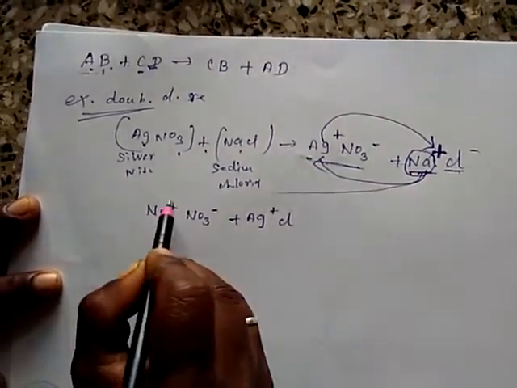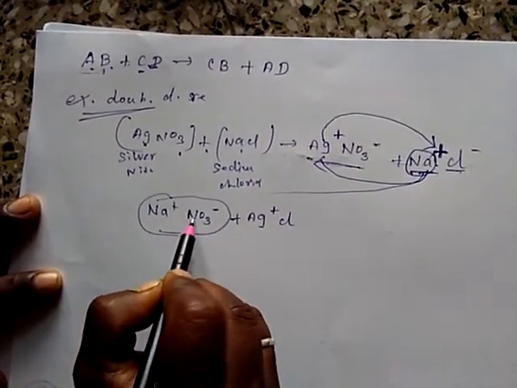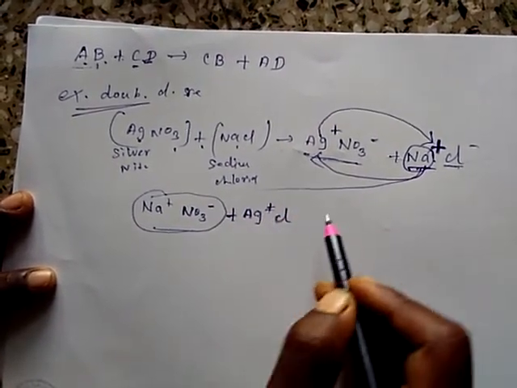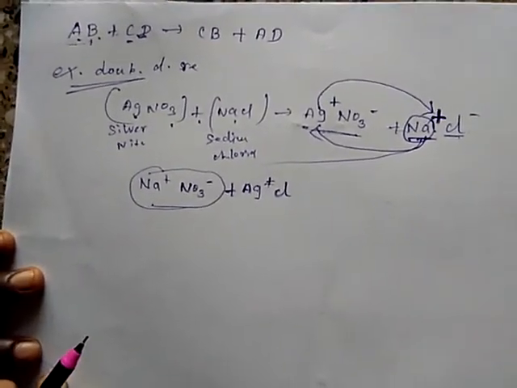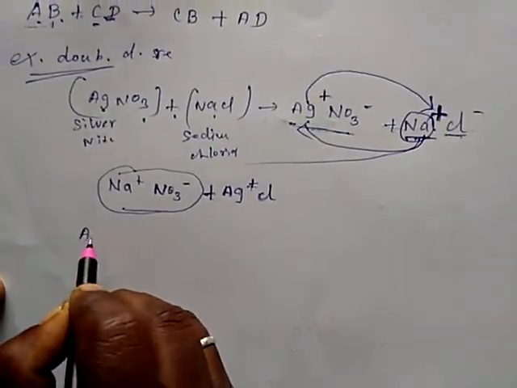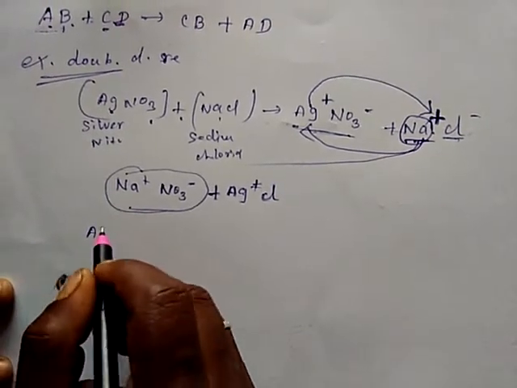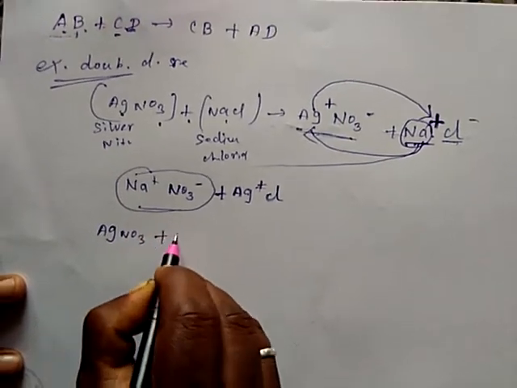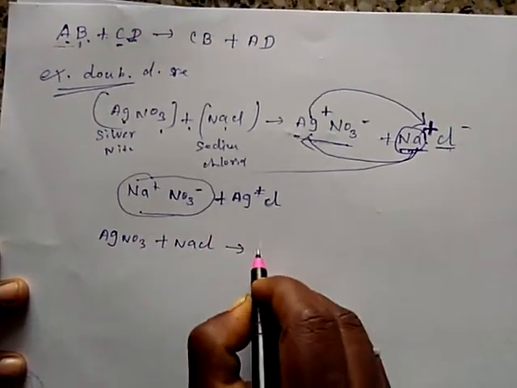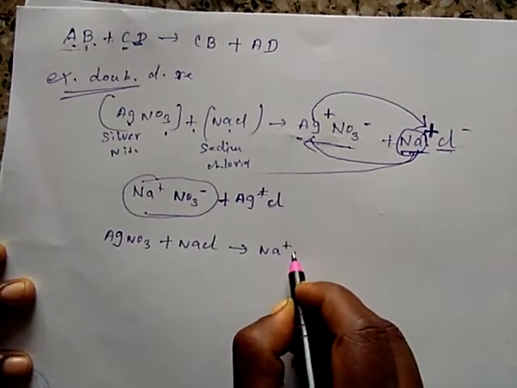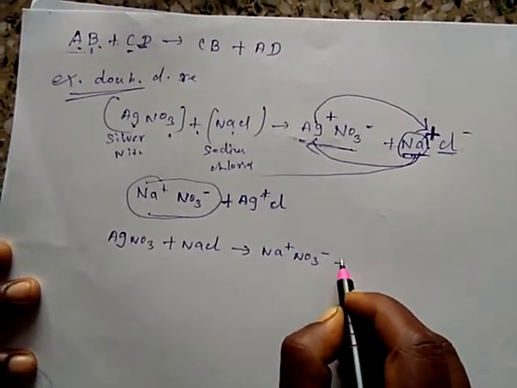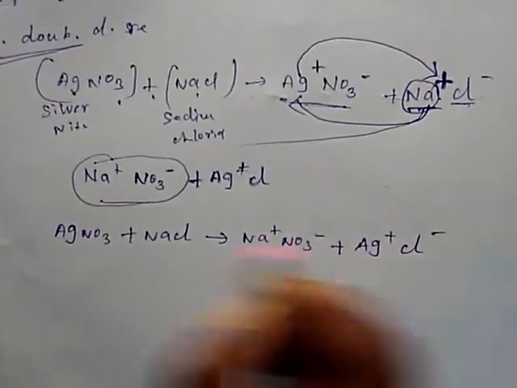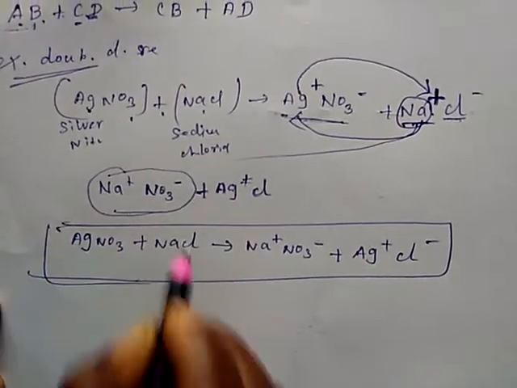So we get sodium nitrate plus silver chloride. Now write the balanced equation: silver nitrate plus NaCl gives sodium nitrate plus silver chloride. This is the balanced equation.